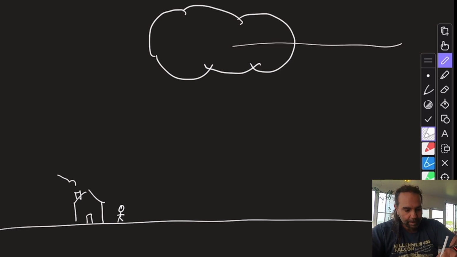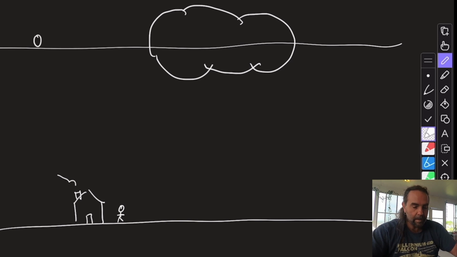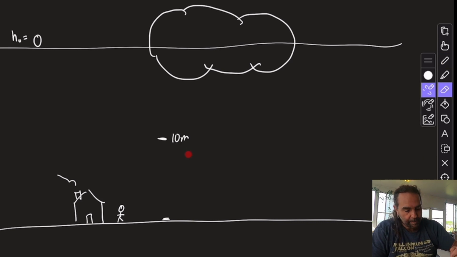If we set the reference level here and say this is 0 for gravity, so this is h naught and it's 0, then all of our locations would have to be negative. We're below the reference level. It would never change any answer related to gravitational potential energy problems. I mean, imagine I drop something from here, which is 10 meters above my house, to here, which is, that's not going to work.